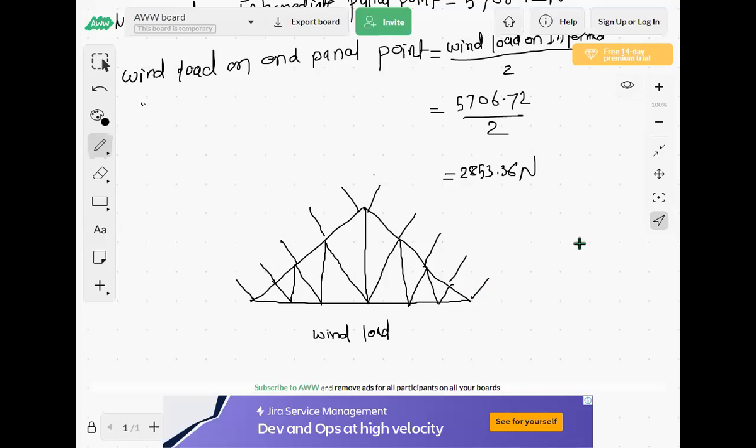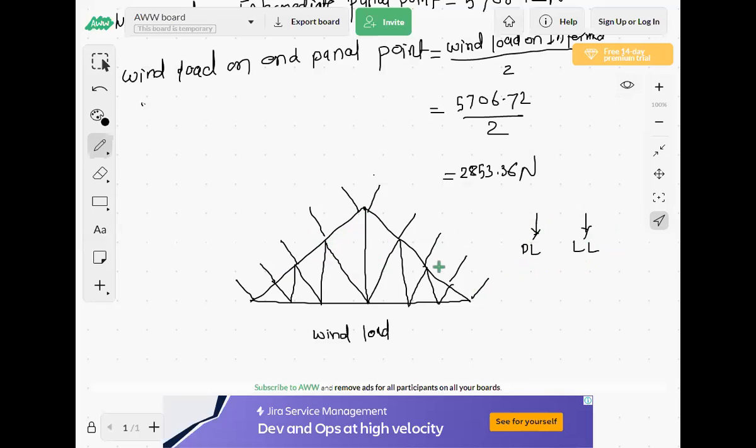We have shown dead load and live load, which are vertically downward because they act due to gravity, but wind load acts perpendicular to the roof truss, normal to the ridge.